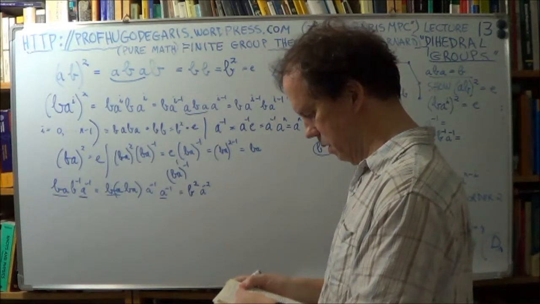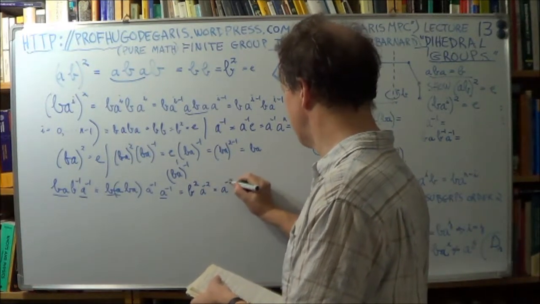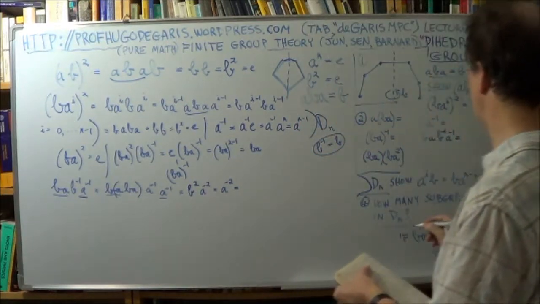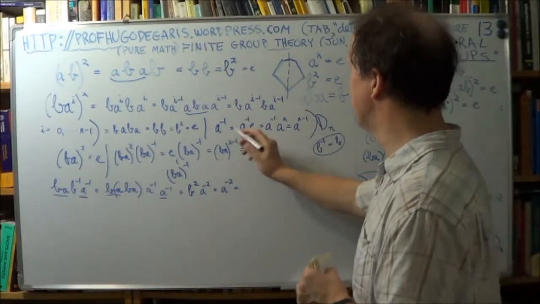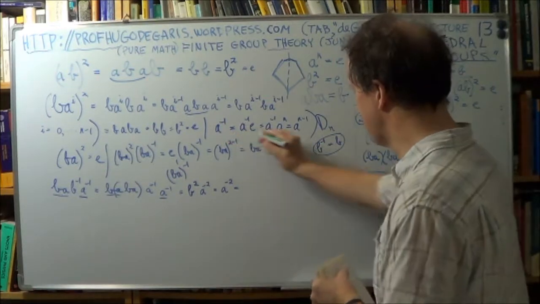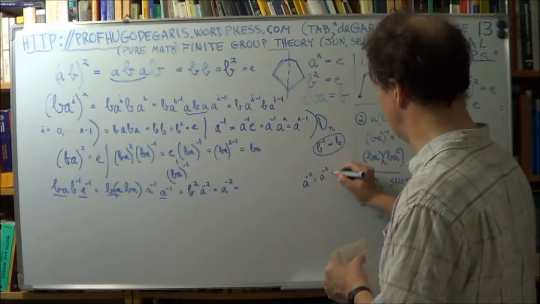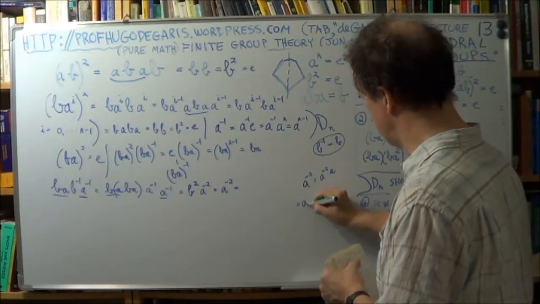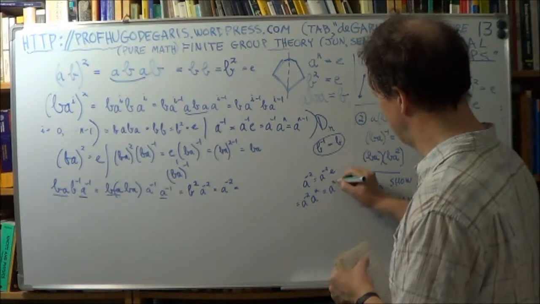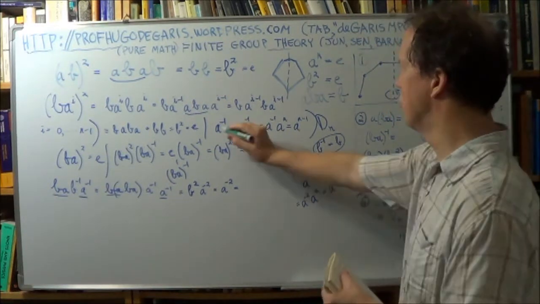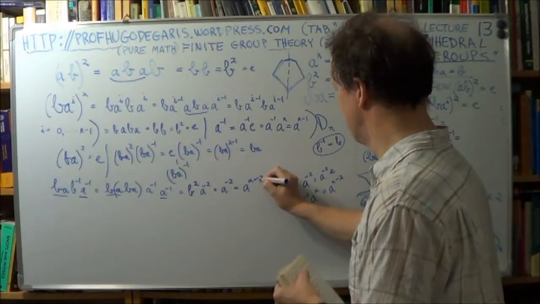Now B squared is just 1. So that's A to the minus 2, and the proof we had is just like this. A to the minus 2 is A to the minus 2 times E, which is equal to A to the minus 2, A to the n, which is A to the n minus 2. So this is almost the same as this one. So A to the minus 2 is just A to the n minus 2. There's your answer.